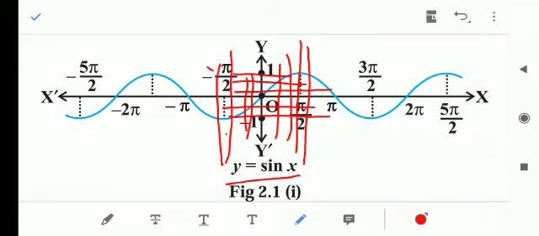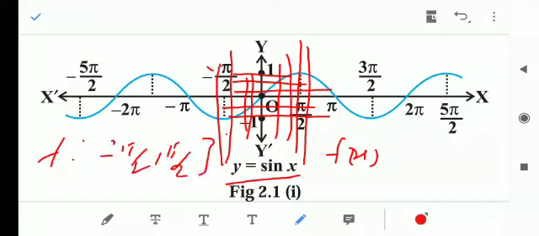So here we are restricting the function from minus pi by 2 to plus pi by 2. You can see here the possible values of y: the upper value of y is plus 1 and the lower value of y is minus 1.